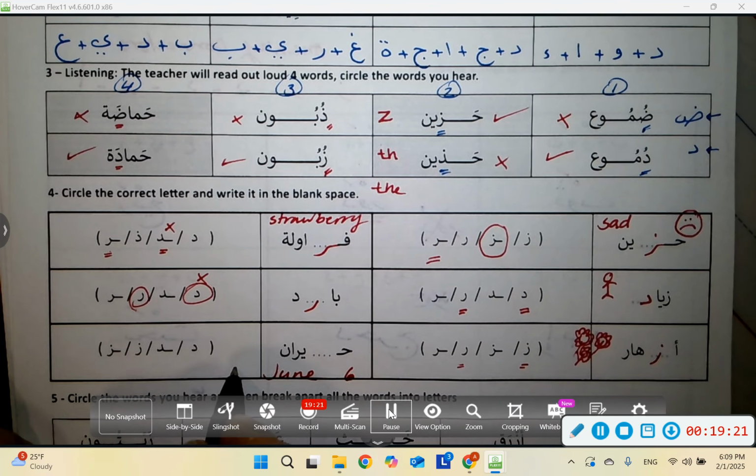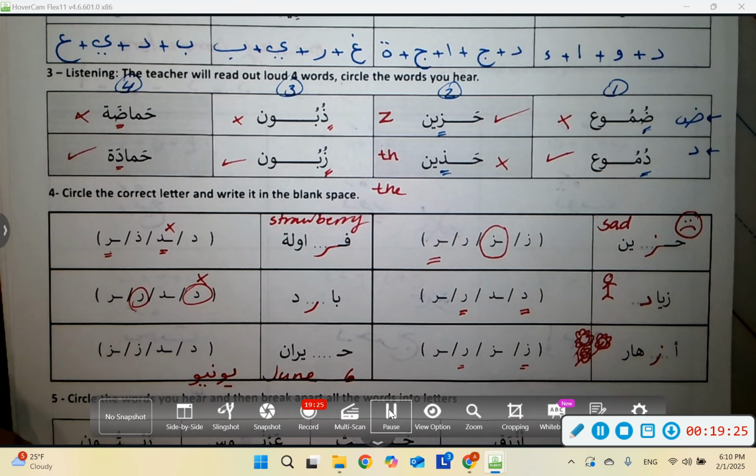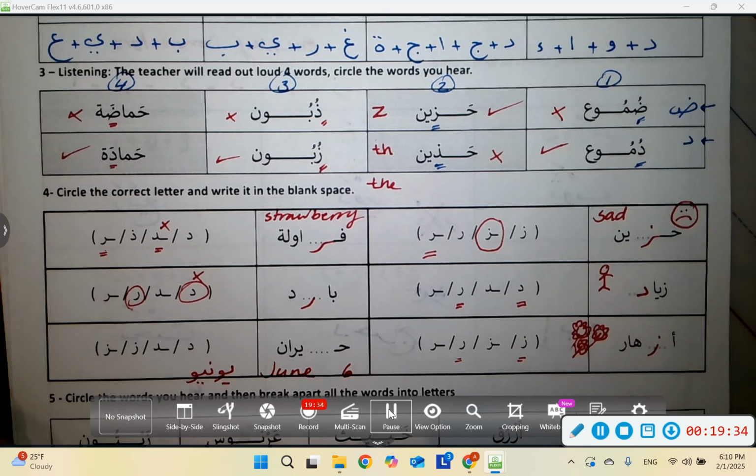Also we call it Yonyo, because in Arabic we use two kinds of names for the month.